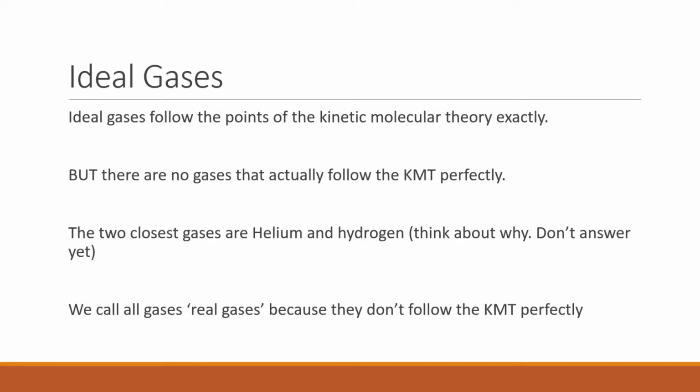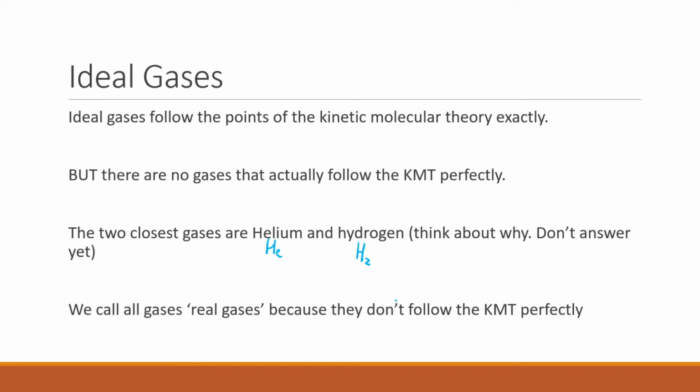Right? In reality, gases are real. The two closest gases that we have on Earth to ideal gases are helium and hydrogen, for a reason that we're going to talk about on the next slide. Right?